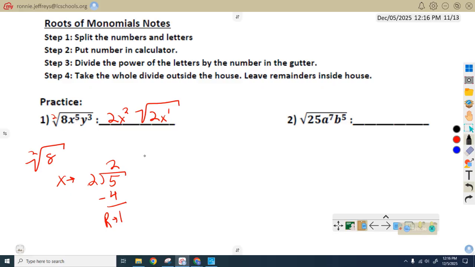With our y, this is 2 go into 3. How many times will 2 go into 3? 1. So we're going to have y to the first on the outside, with the remainder of 1, so y to the first inside.